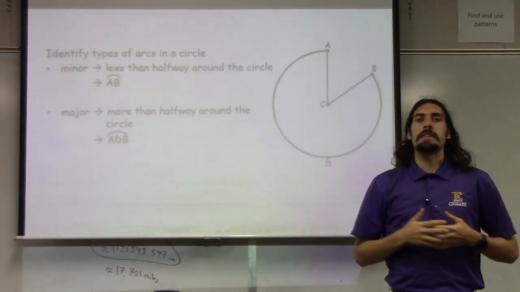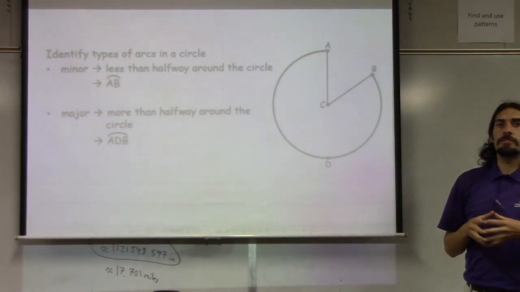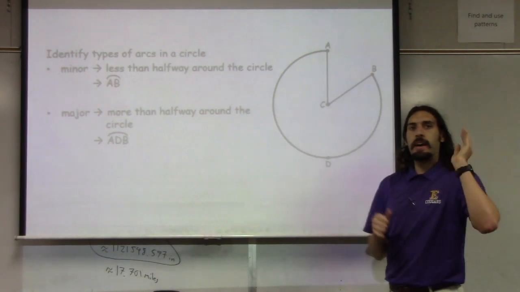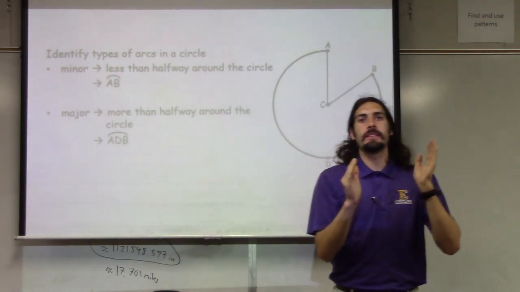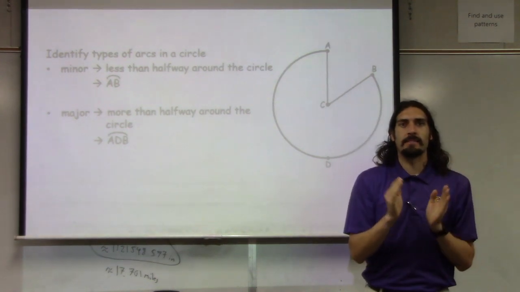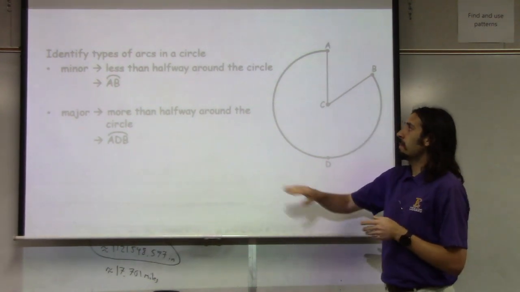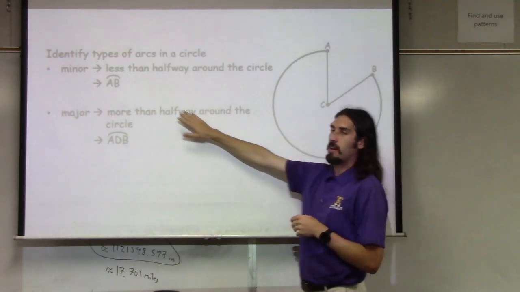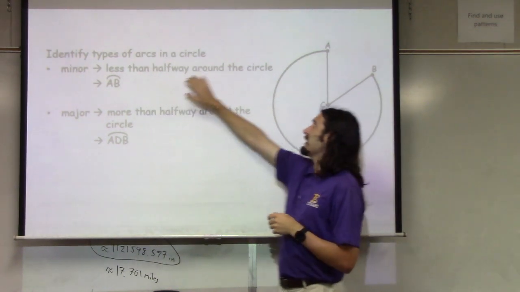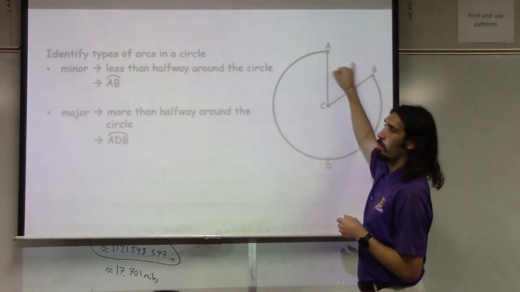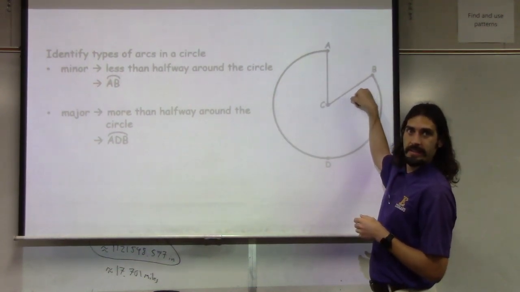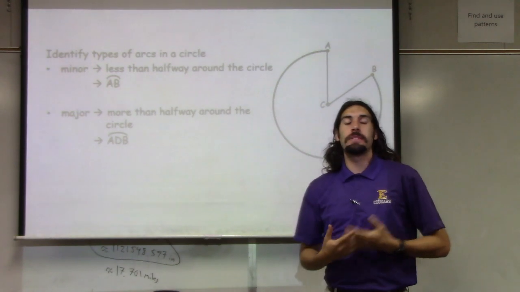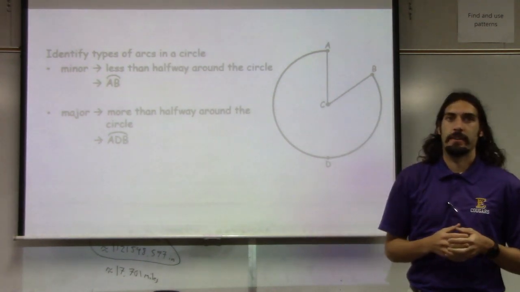The reason we need 3 letters is by arc notation, the rule is this. If I give you letters as an arc name, you are always going to take the shortest path to the next letter. So if I tried to describe just arc AB, the reason I know it has to be this little one versus going all the way around the other way is because by rule you always take the shortest path to the next letter.